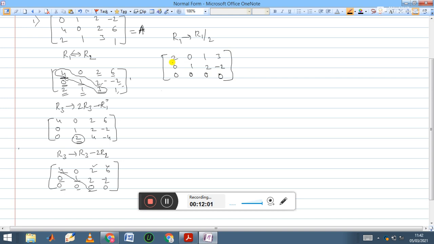Now 2, 1, 0 are the diagonal entries. Then you need to make this entry 0 and this entry 0. For that, make use of column 1.